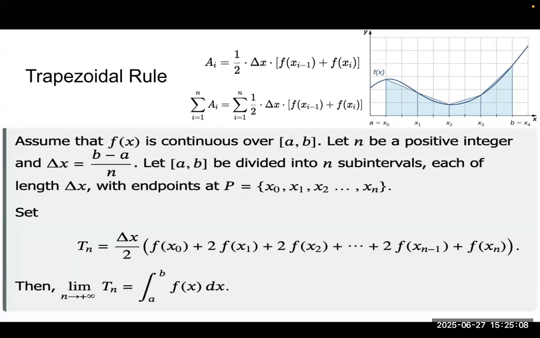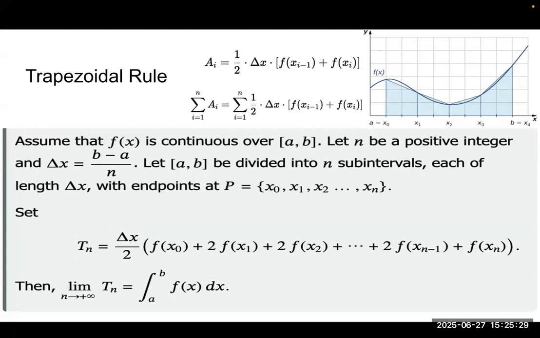Then we can draw for this also. This looks like a trapezoid, and we need to have x0 and x1. These are the two heights of the trapezoid, and this will be the base.